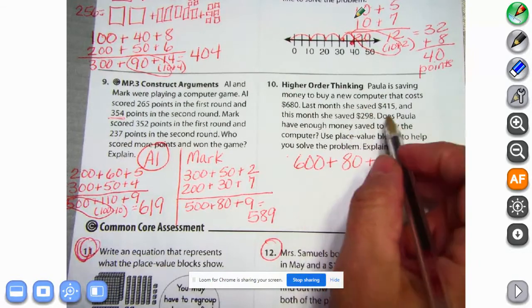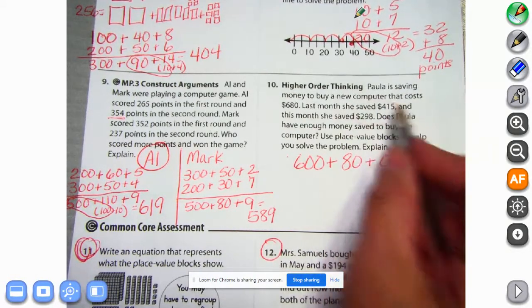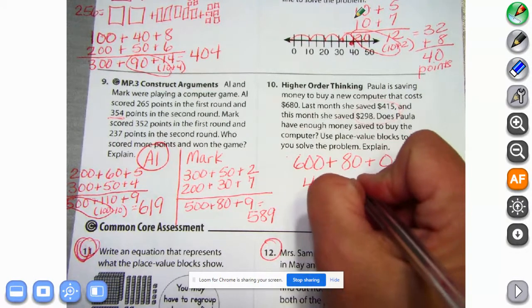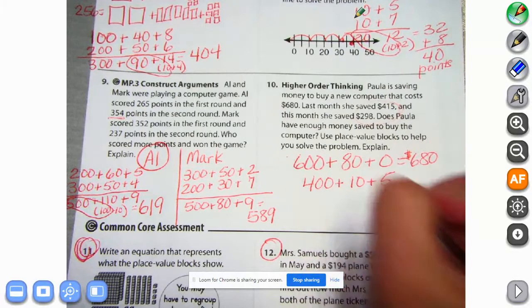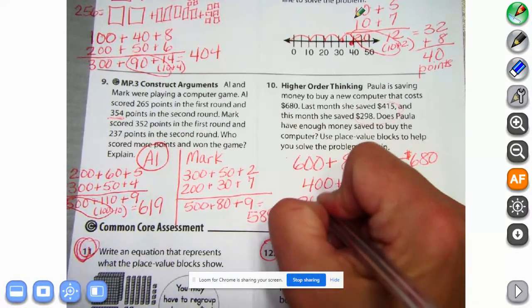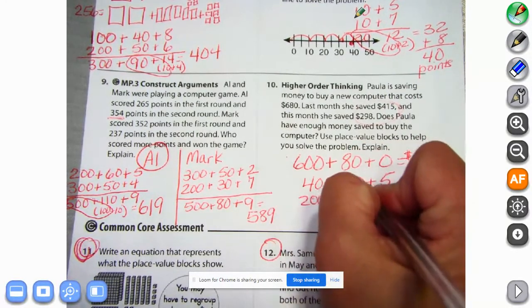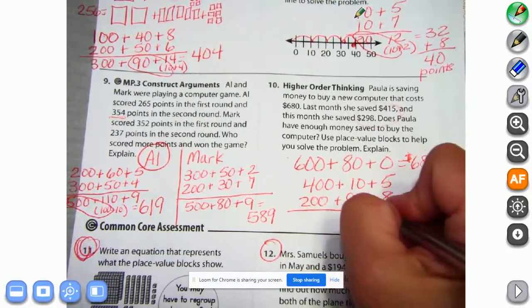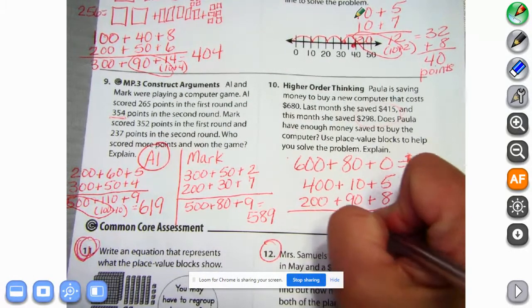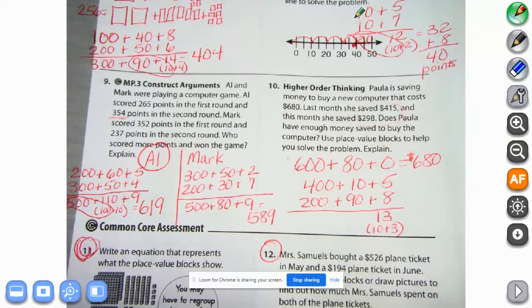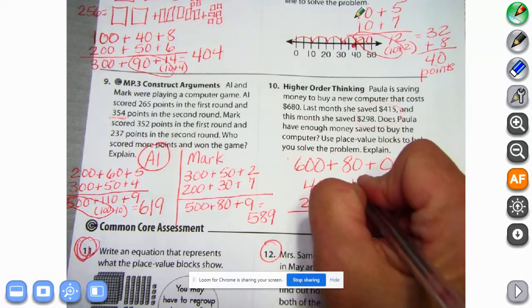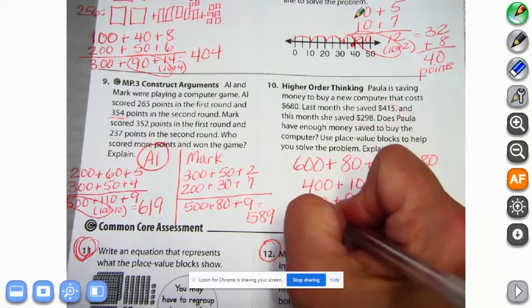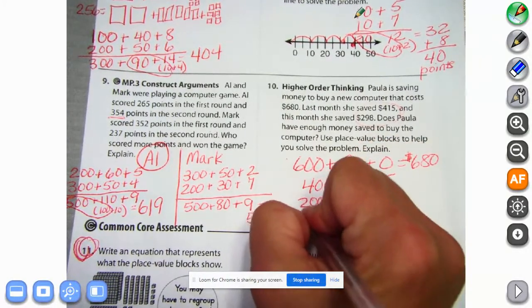Okay, we're going to use her money that she's earned so far. So 400 plus 10 plus 5, 200 plus 90 plus 8. Okay, 5 plus 8 is 13, and 13 is the same as 10 plus 3. 10 plus 90 is 100. 400 plus 200 is 600.